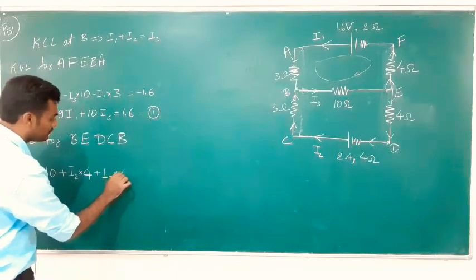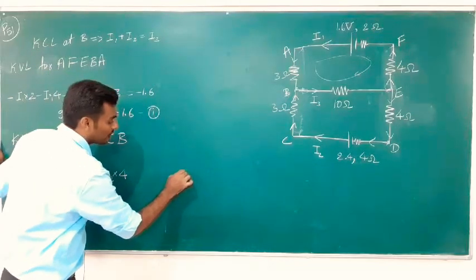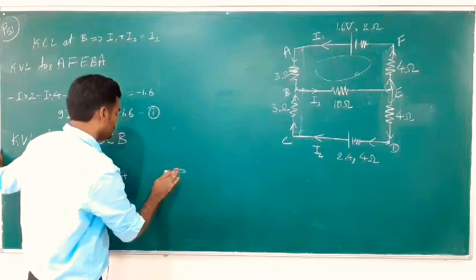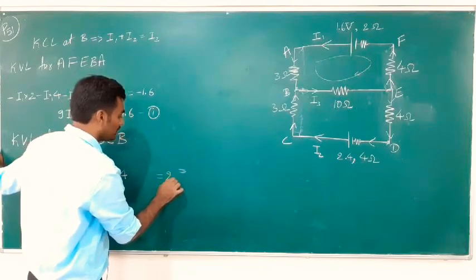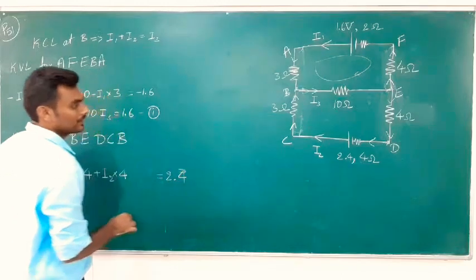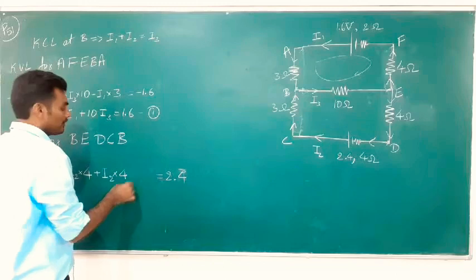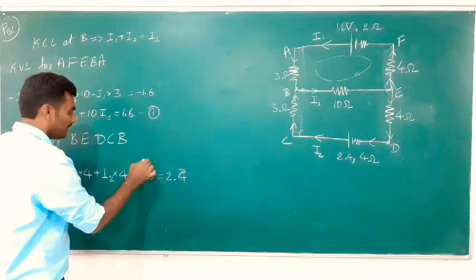Then I have cell, okay, and first I see the negative terminal of the cell, so I should put positive. Okay. So it is plus 2.4 volt. Then I move ahead, another resistor, and direction of current is same, so it is plus I2 into 3.